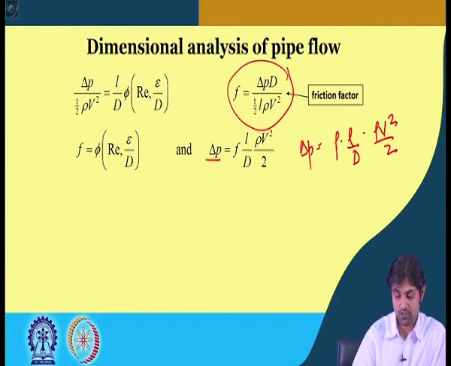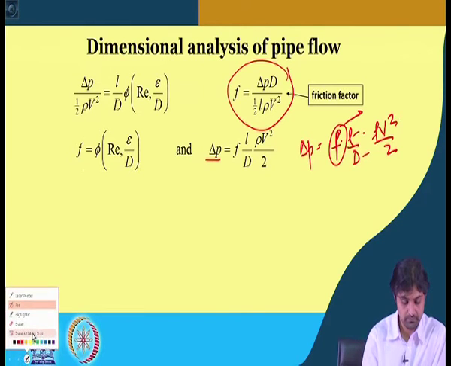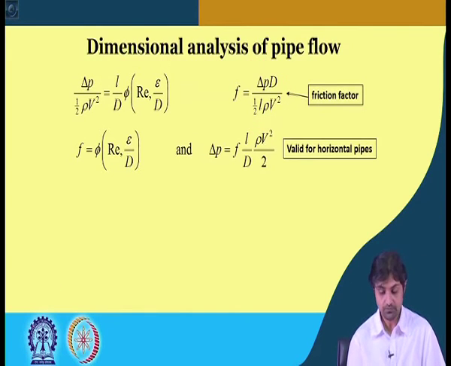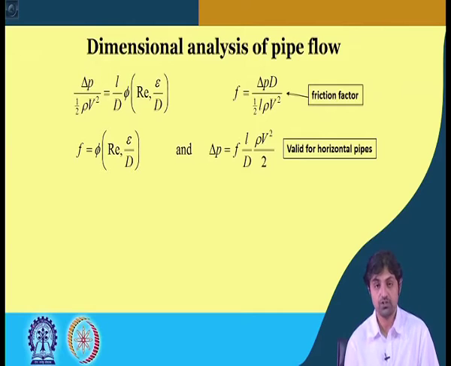So if we are able to calculate F, we know L, we know D, we know rho, we know V, so everything can be calculated. The challenge is now finding F, and this equation is valid for horizontal pipes.